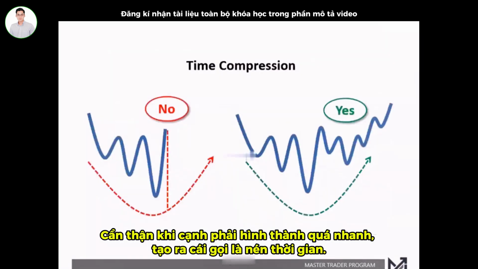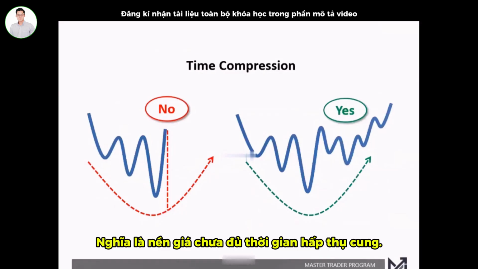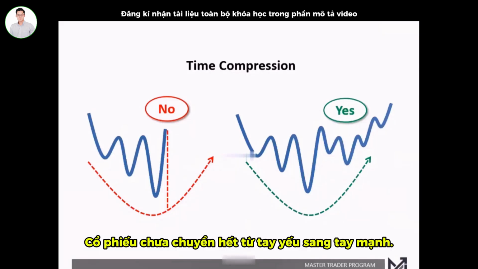Now, the thing you've got to be careful of is that this doesn't happen too quickly up the right side, and you get what we call time compression. Time compression is simply where the stock chart hasn't been allowed enough time to go through the natural dynamics of supply and demand, of stock changing hands, or that towel squeezing.